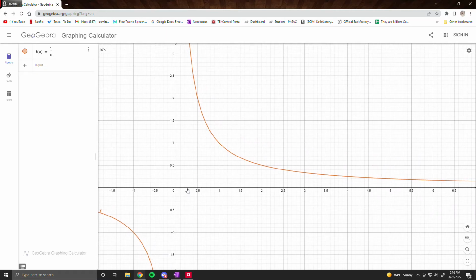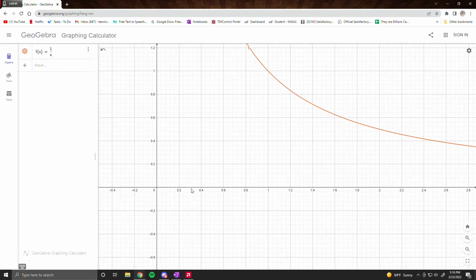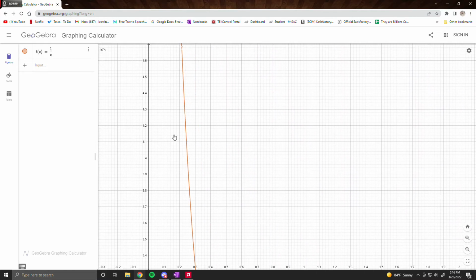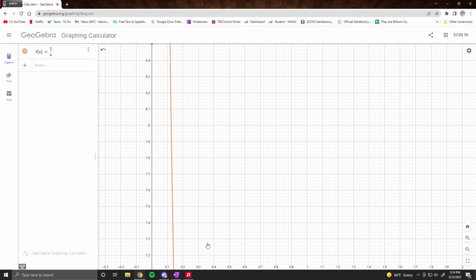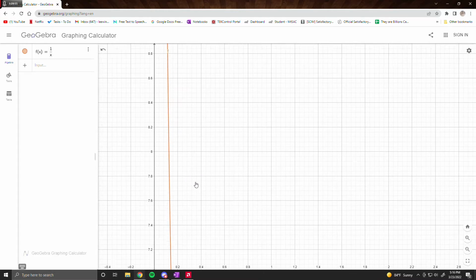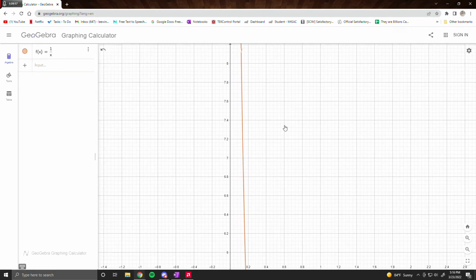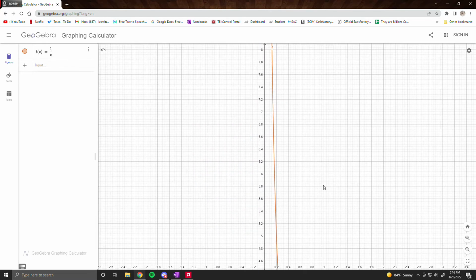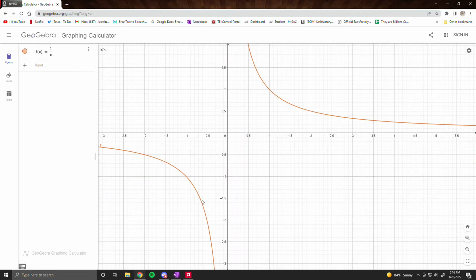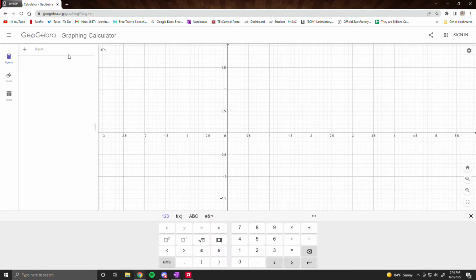If I plug in a quarter, 0.25, I should get 4. The smaller the numbers I plug in, the larger the outputs. And similarly for the negatives, except it's below the x-axis. And so that's 1 over x.